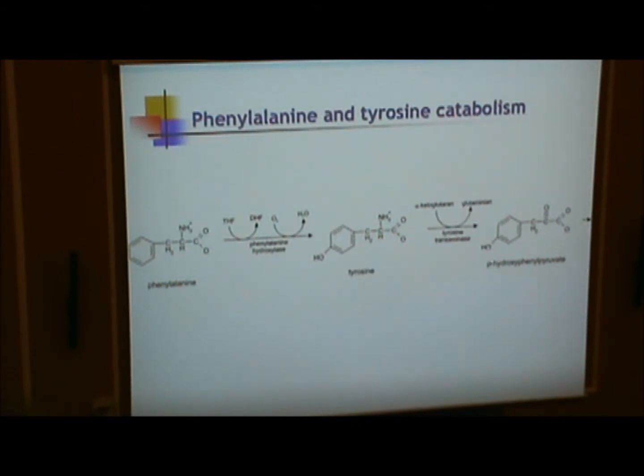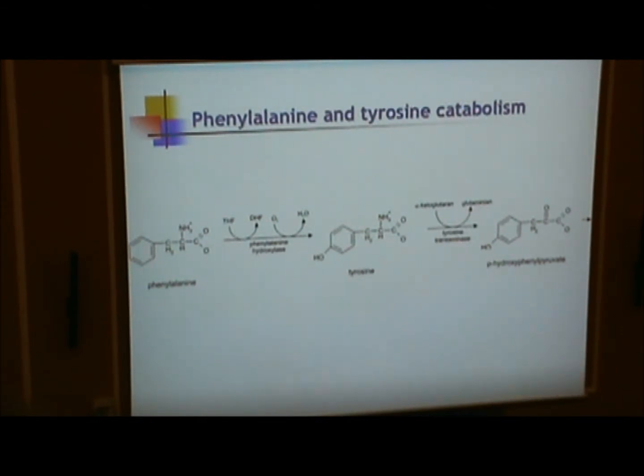Alpha-ketoglutarate, sorry, this is a Polish name, is converted into glutamate. The amino group is removed. The tyrosine converts into para-hydroxyphenylpyruvate.